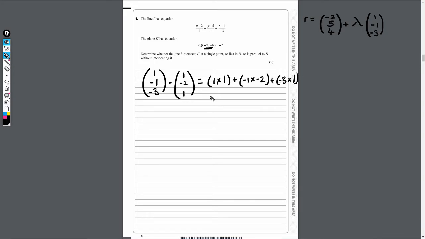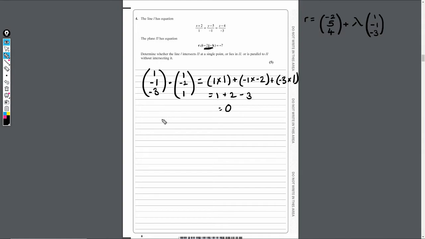Okay, 1 times 1 is 1. Minus 1 times minus 2 is 2, so that's 1 plus 2, plus minus 3 times 1, so that's minus 3. Okay, 1 plus 2 is 3, minus 3 off. We're going to get 0. Now, if you calculate this dot product for the two vectors and your result is equal to 0, and don't forget this is a plane, what it means is that the line must be parallel to the plane.